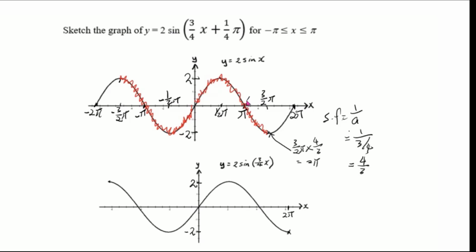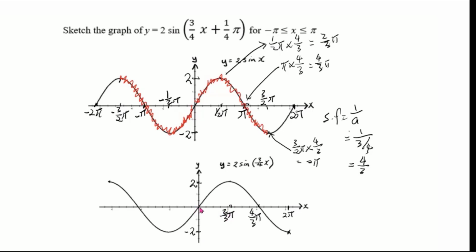Before enlargement it is pi. After we multiply with the scale factor, it is 4 over 3 pi. So we label here 4 over 3 pi. Then followed by this point, before enlargement, it is 1 over 2 pi. After enlargement, it is equal to 2 over 3 pi. So we label here 2 over 3 pi.